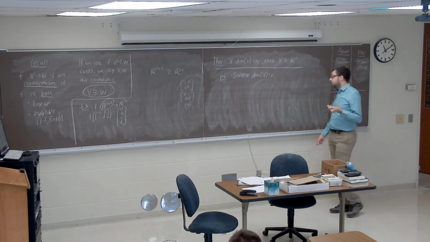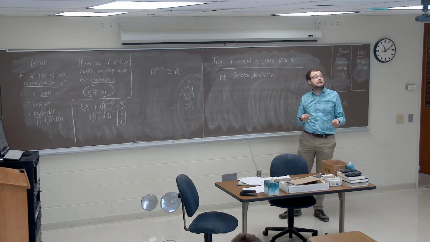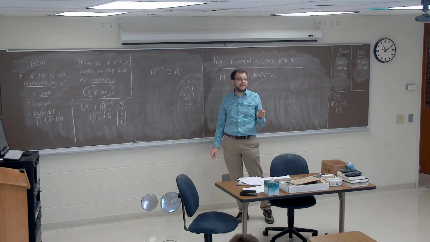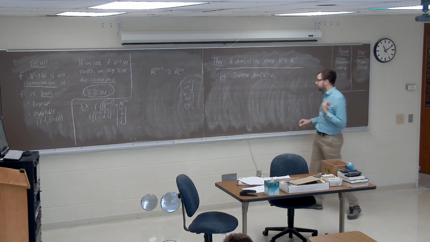So in particular, when we say that a vector space has dimension n, what we really mean is that any basis of your vector space has exactly n vectors in it. Any basis is going to have n elements.